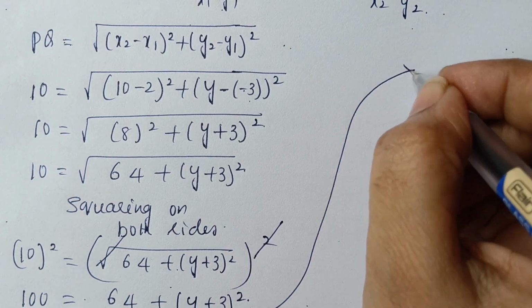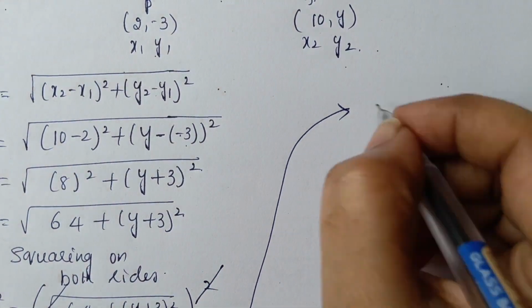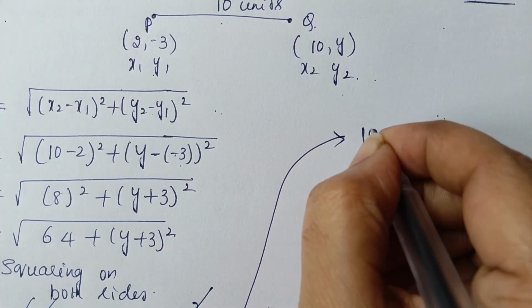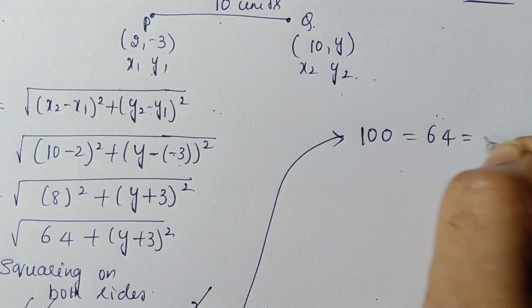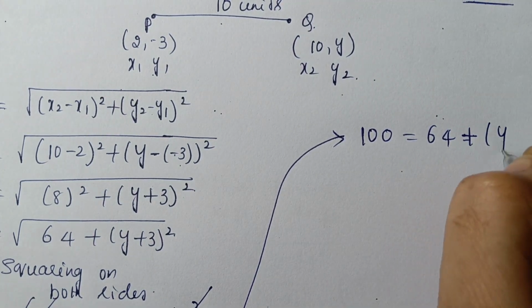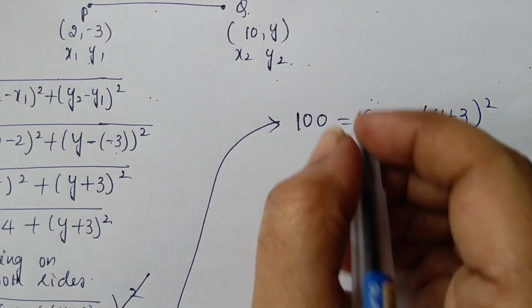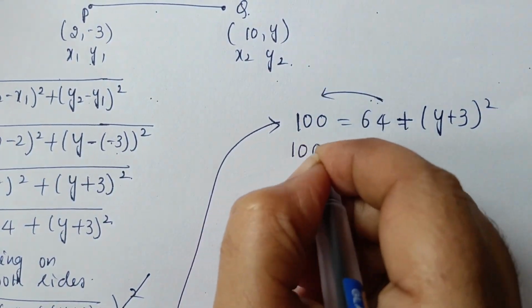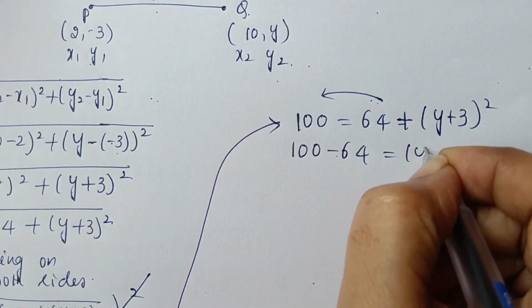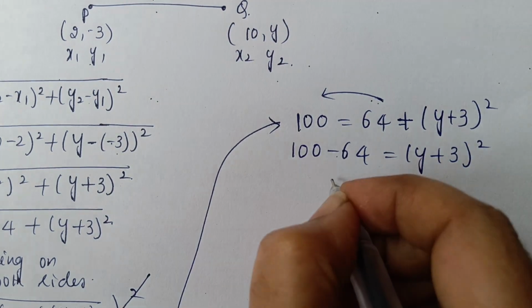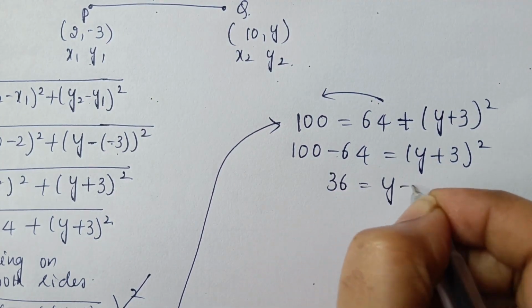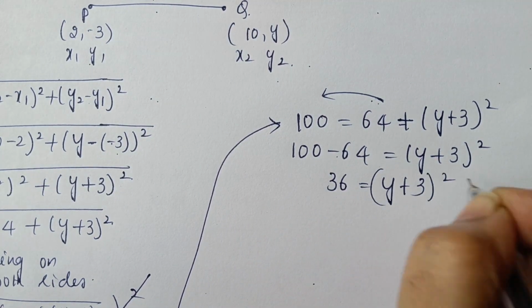Okay, so let's do it. 100 one more time, 100 is equal to 64 plus y plus 3 whole square. Now transpose 64, 100 minus 64 is equal to y plus 3 whole square, we get 36.